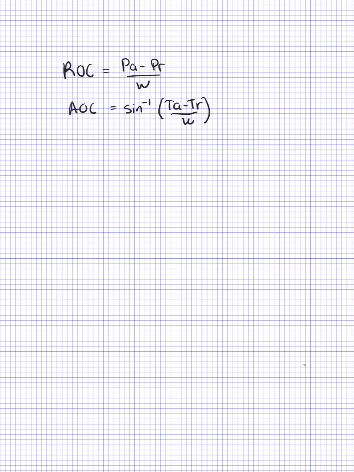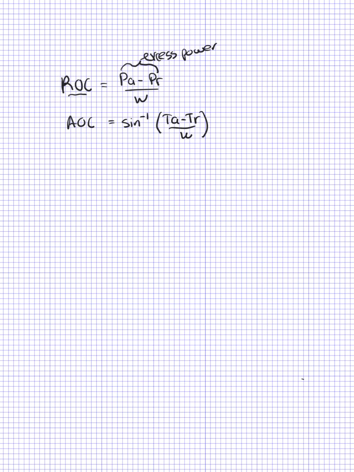When we look at the generic equations, again, this one is without the unit conversion number, we see that the rate of climb is dependent on the excess power, and the angle of climb is going to depend on the excess thrust.